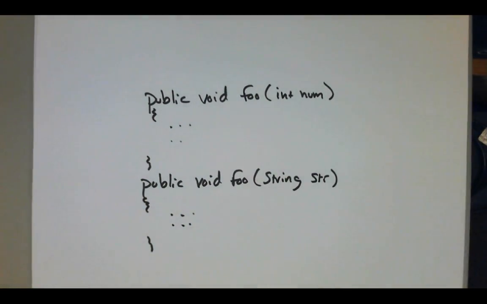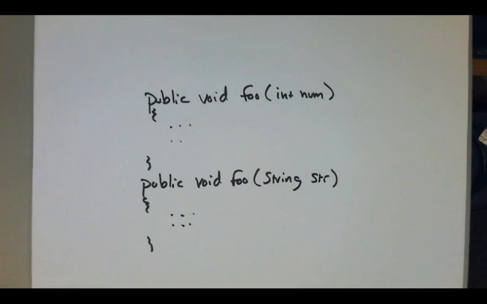Two methods with the exact same name in the exact same class, but they differ in the types of parameters that they take. So the compiler can look at the function call and figure out based on the arguments which is the right version of foo to call. If we pass in an int, it'll know to call the foo that takes an int. If we pass in a string, it'll know to call the foo that takes the string.